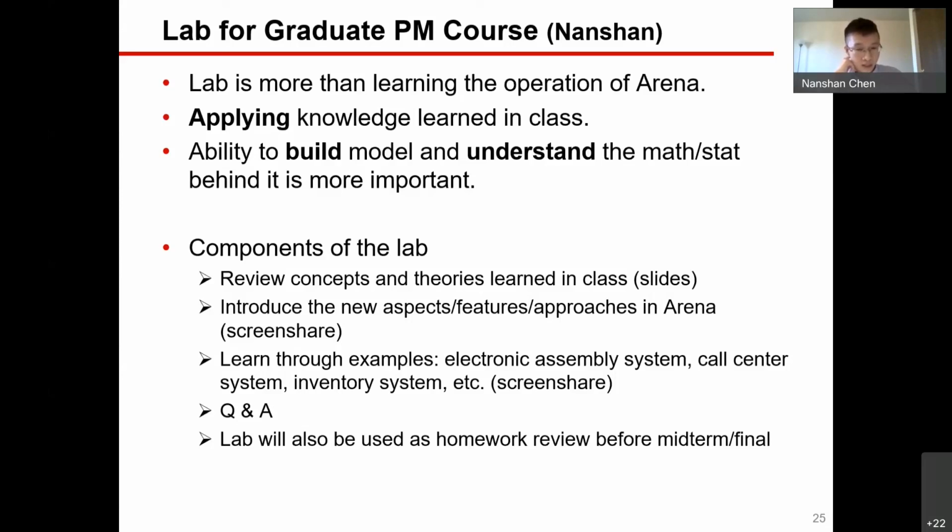And we did learn quite a lot of interesting models like the electronic assembly system, coordinate system, and inventory system. And in the last part, I will have a Q&A for any question that students have for this class. Sometimes the lab will also be used as a homework review for exams. Yeah, that's all. Thanks.